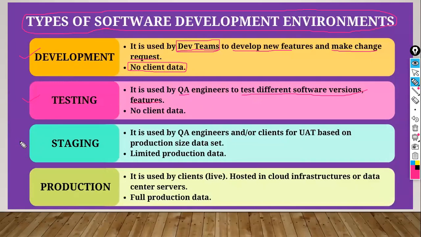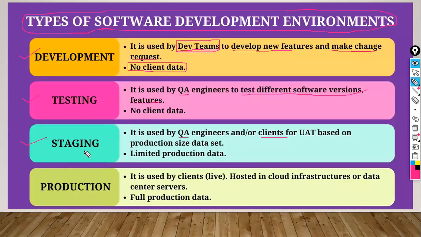In the same way, there is one more environment called the staging environment. This staging environment is used again by the QA engineers as well as clients. Whenever, after testing the application, you feel this feature is completely working and that feature we can show to the client, then you can deploy that particular feature in the staging environment.